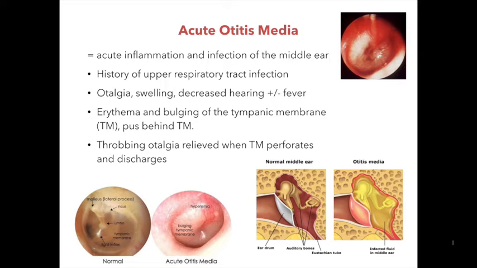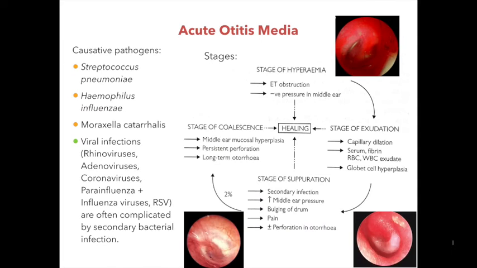It's described as a throbbing pain before it perforates, and then once it does, the patient typically experiences a great amount of relief. So what causes it? It's the usual suspects in upper respiratory tract infections: Streptococcus, Haemophilus, Moraxella, and various viral infections.